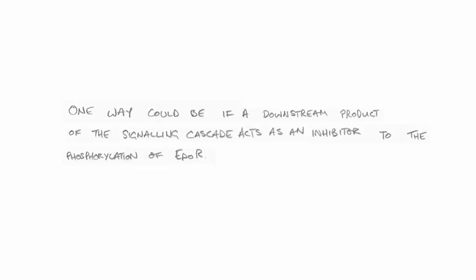One way to do this could be that if a downstream product of that signaling cascade is an inhibitor to the phosphorylation, the forward reaction, then what would happen is we add EPO, the receptors become phosphorylated, the signaling cascade kicks off, we get this product of that cascade which then builds up and inhibits that phosphorylation, so the amount of phosphorylated receptors starts to fall.